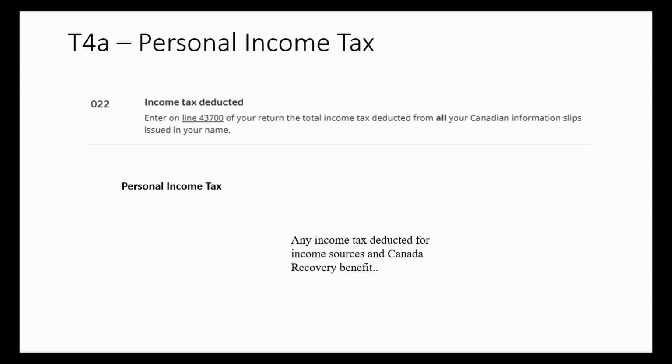Say for example you're receiving government benefits, such as the Canada Recovery Benefit, which has to do with COVID-19. These are government sponsored benefits. The government paid a certain amount of money to individuals who were not working because of COVID-19.